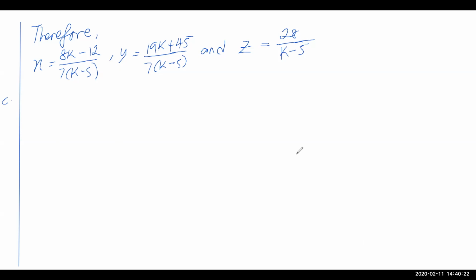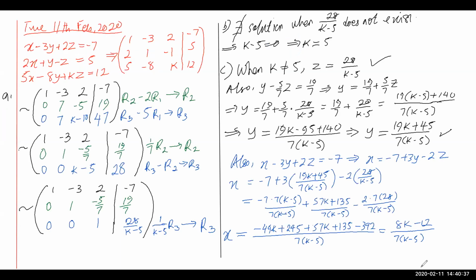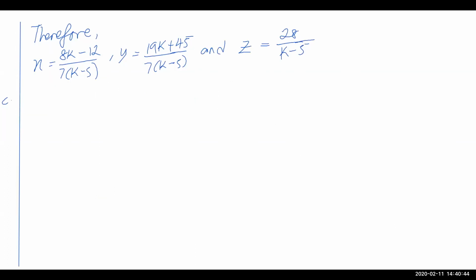Yes. The third question. No, sorry, C2. This is C2. I think this is C1. All right, this is C1. Now C2 is this. C2 says find the unique solution for k equals 3. How do we go about that?